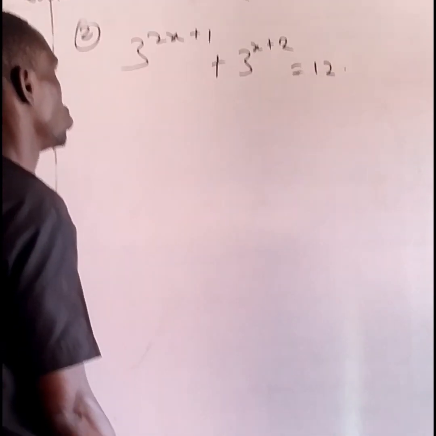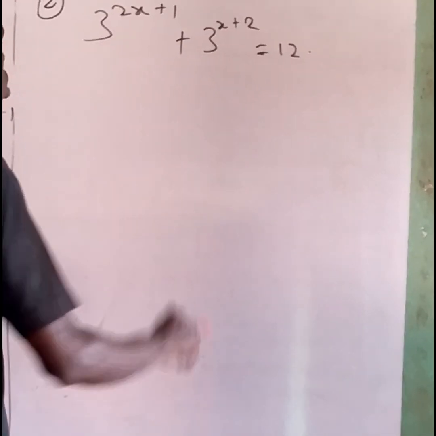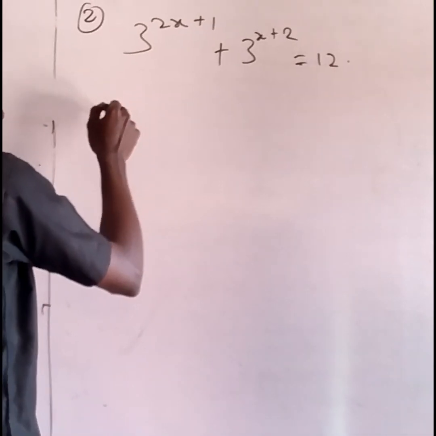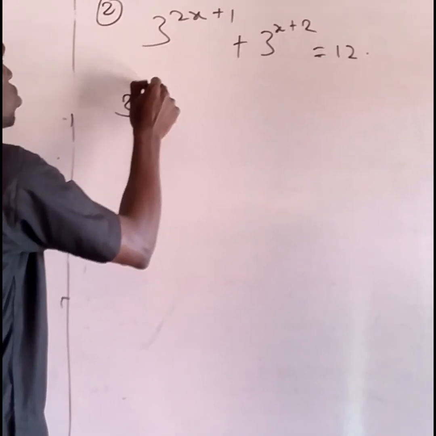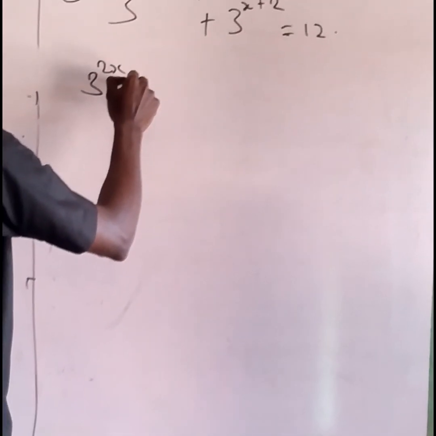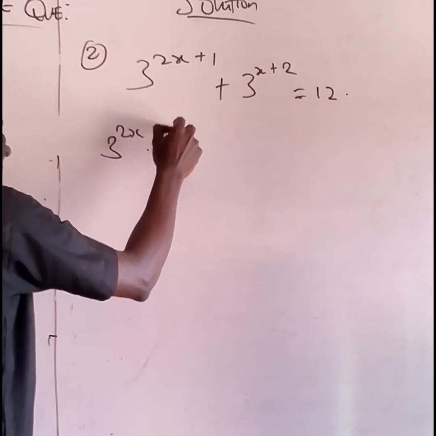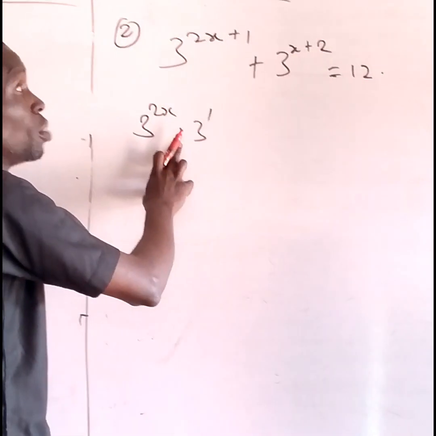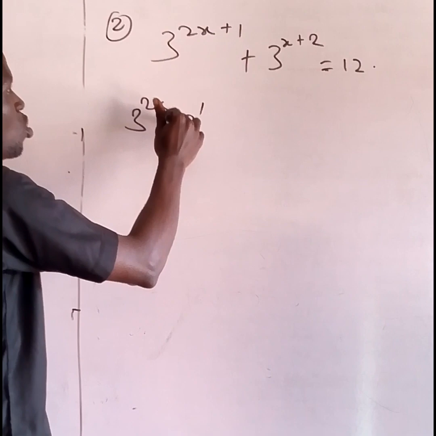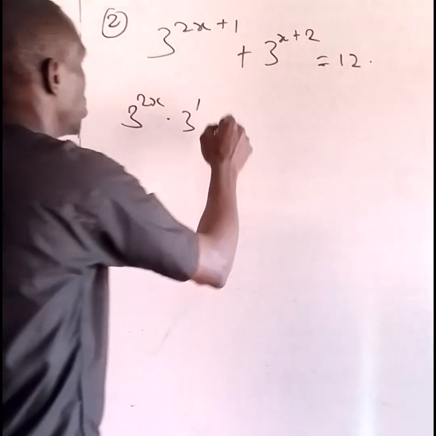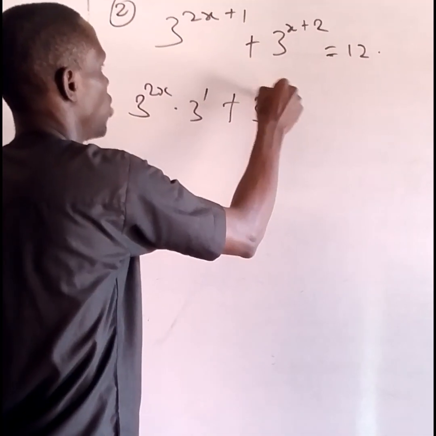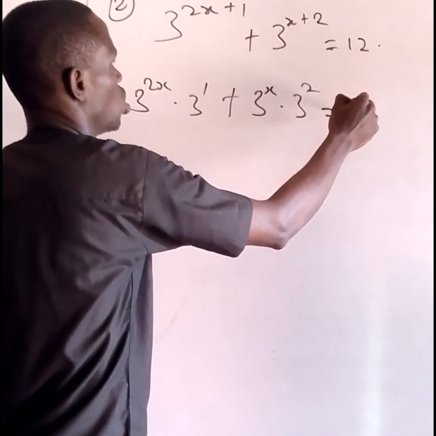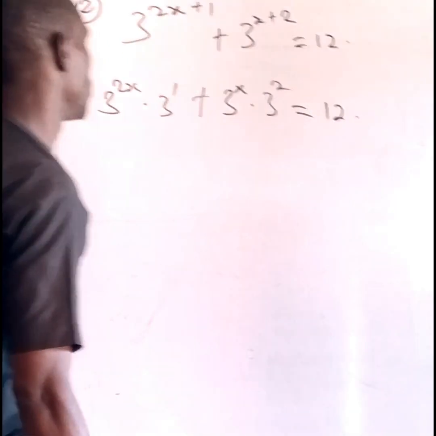Now this is question 2. Of course you understand that this is the same thing as saying 3 raised to power 2x times 3 raised to power 1. You remember the law of multiplication: when you have a common base, you add the powers. Plus 3 raised to power x times 3 raised to power 2 equal to 12.